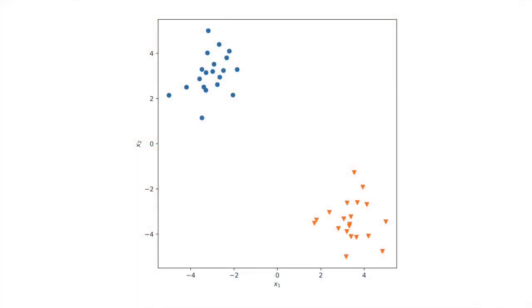But we might like to consider some other criteria. For example, let's have a look at this data. Just intuitively, do we think that this is a good boundary, or this, or perhaps this? Intuitively, all of those boundaries seem in some way suboptimal. And the reason for that really is that they are too close to the samples in one of the classes.